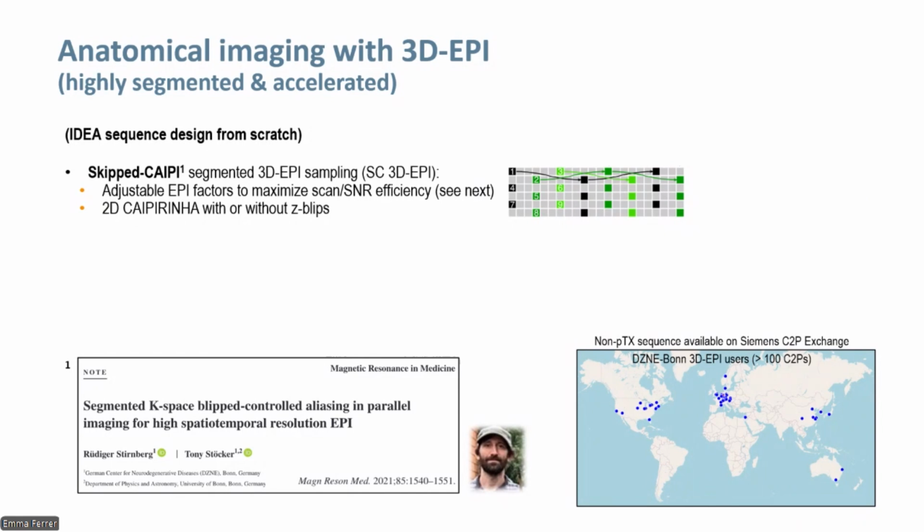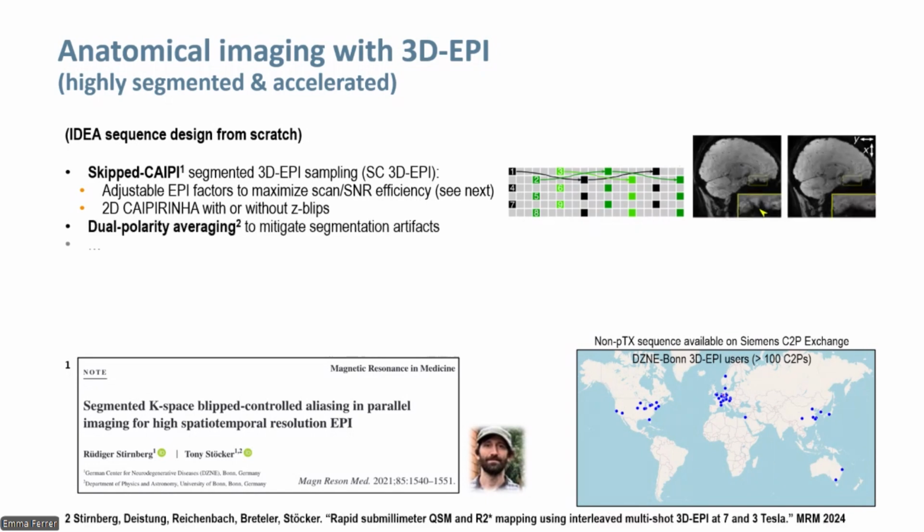In contrast to the other sequences, we based this on our custom sequence, which used this skipped CAIPI sampling. So it's an adjustable EPI factor combined with CAIPIRINHA sampling, with or without blips in slice direction. And it also features some tricks to mitigate artifacts that can happen but don't have to happen, and many more features.